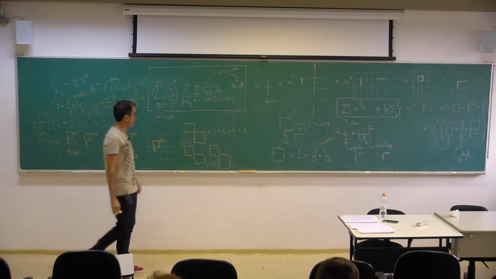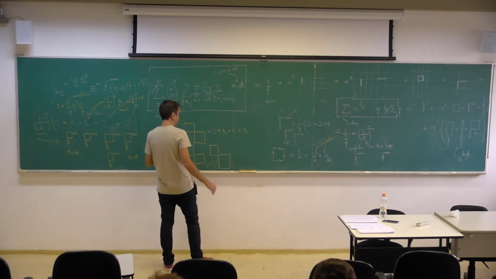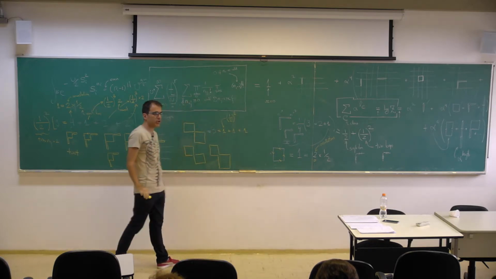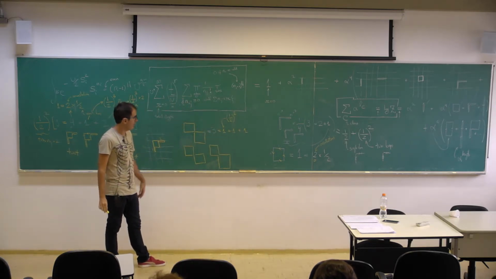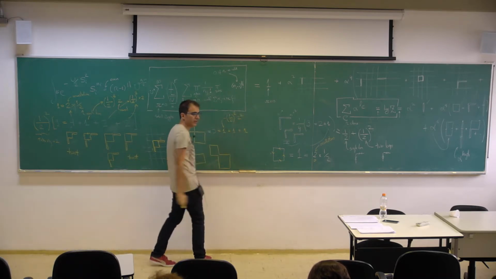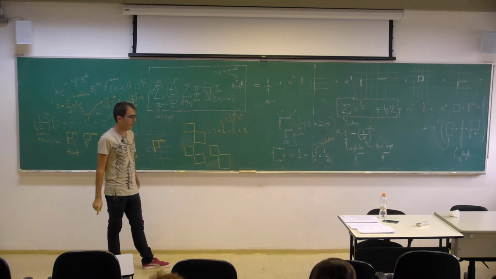And now let's see that it works. So let's see once more. This one here, the disconnected one, I want to say that this is 1/2 squared, because each loop gives me a 1/2. But each one has an orientation, times 2 squared from the orientation. Okay, perfect.